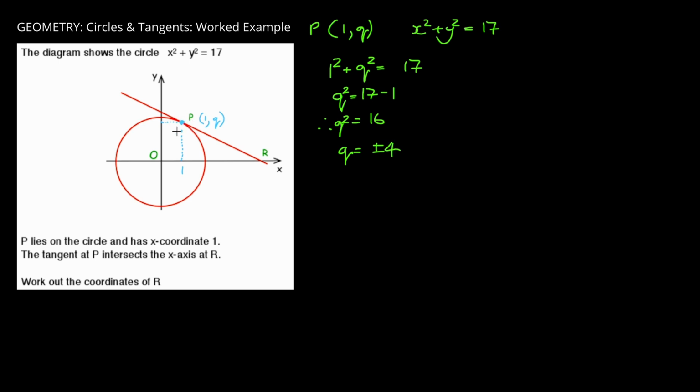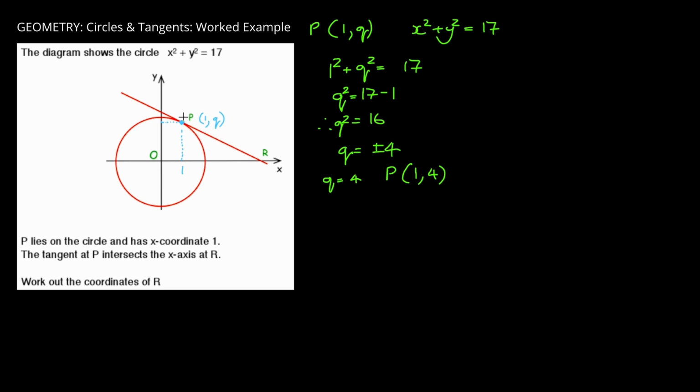But because the diagram tells us that we can reject the negative version of q, q is equal to 4, and P, therefore, is at the coordinates (1, 4).